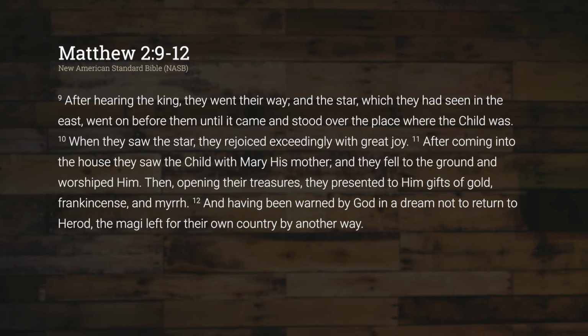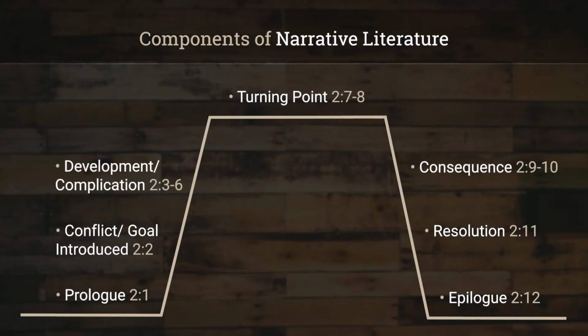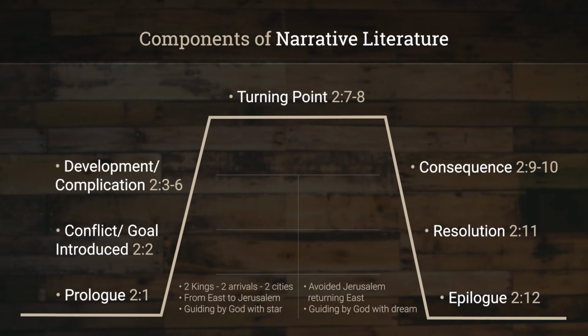And so as you look at the graphic on the screen, notice the parallel structure, that the prologue starts with 2 kings and 2 arrivals and 2 cities, that the Magi come from the east to Jerusalem. Verse 12 ends with them going from Bethlehem back to the east. They are guided by the hand of God with the star in verse 1.